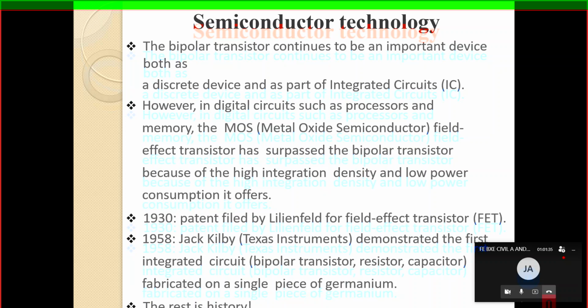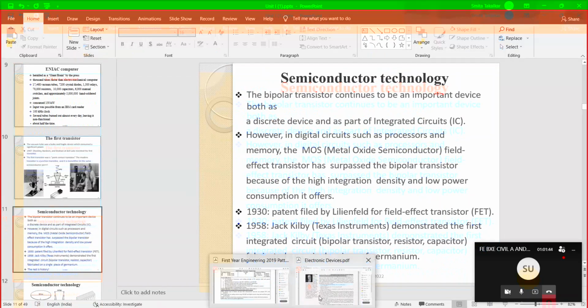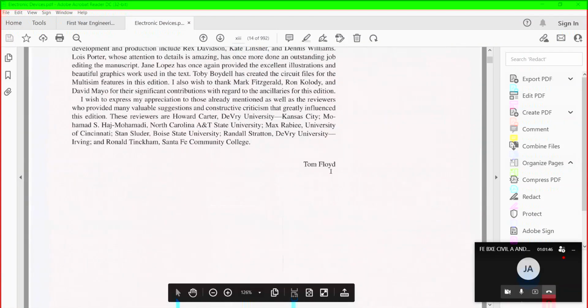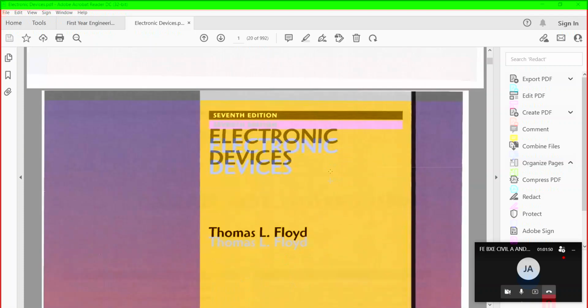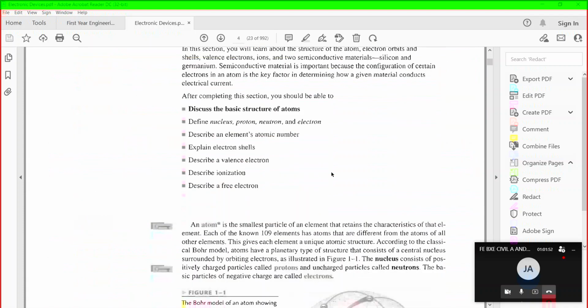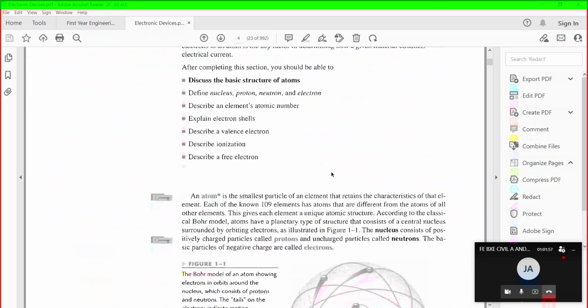You can also see here the semiconductor device material in chapter number 1. You can see the atomic structure. What is meant by atomic structure?